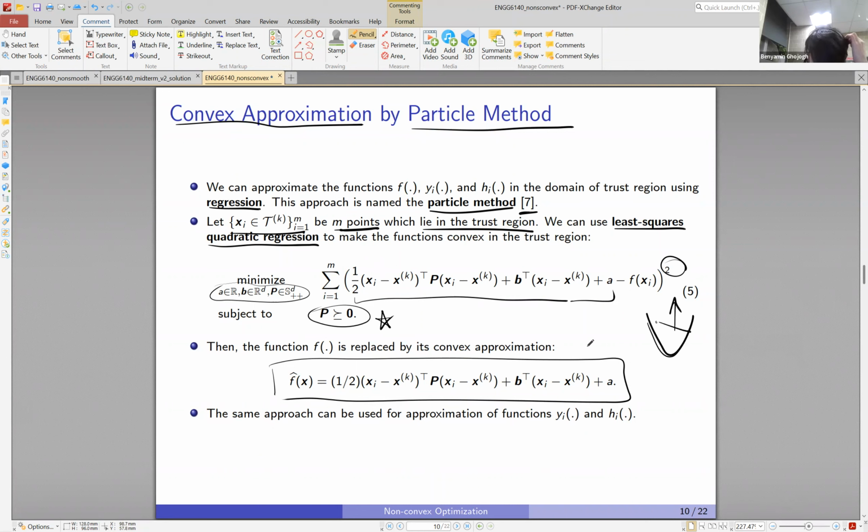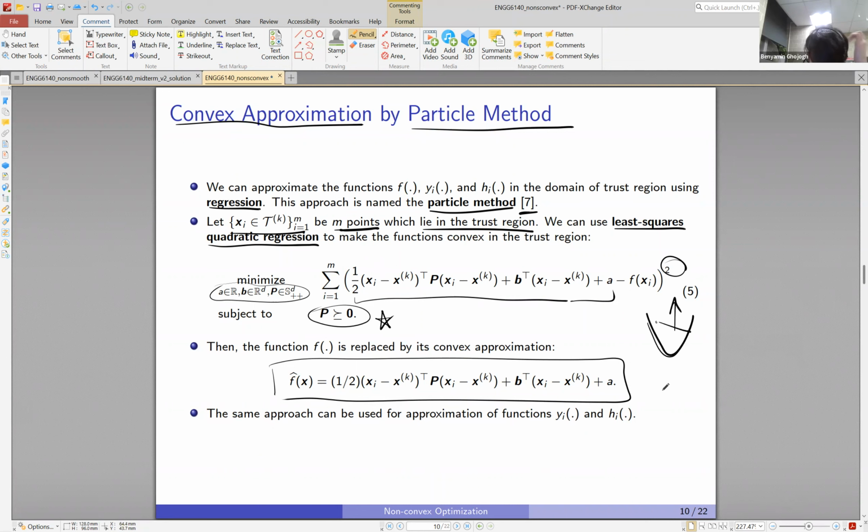If P is negative definite or negative semi-definite, then the quadratic function will be facing down, which is not convex anymore. It's concave, actually, the opposite of convex. That's why we need P to be positive semi-definite in order for this quadratic function to be facing up, to be convex. Again, don't forget we are having a convex approximation, so this approximation should be convex.